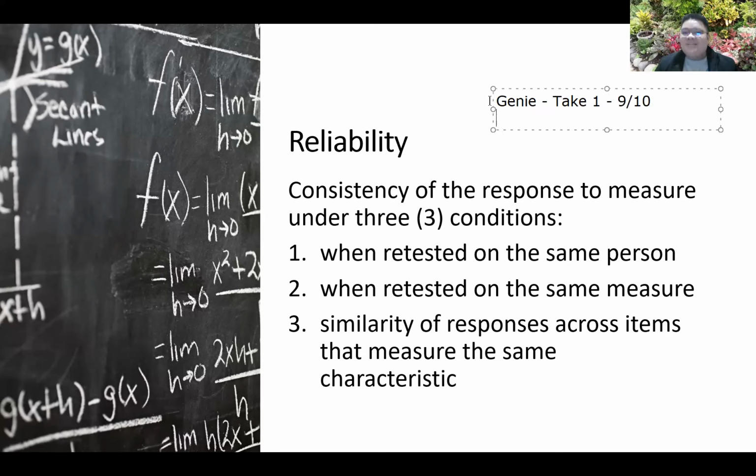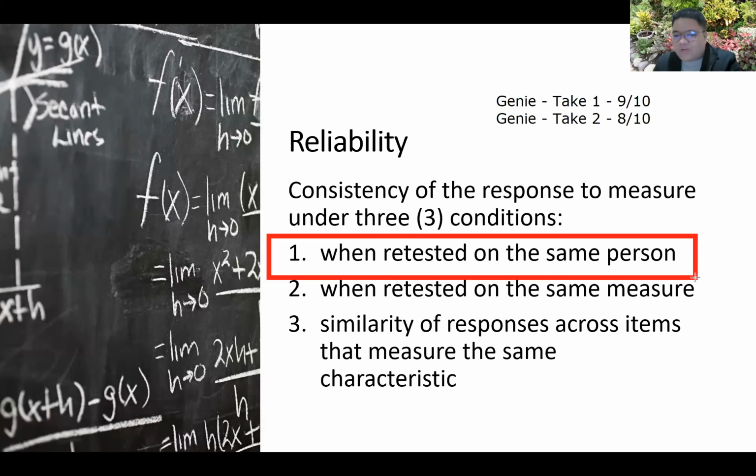By the time that Jenny takes the exam again after a certain period of time, she will score somewhere near 9. Her score may be 8 out of 10 or already 10 out of 10. Meaning it is reliable, meaning Jenny's responses are consistent from the first take and the second take. That is what it means when retested on the same person.